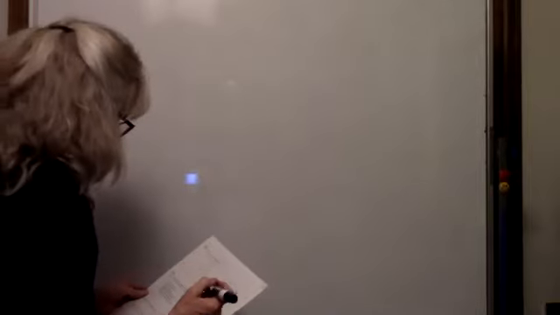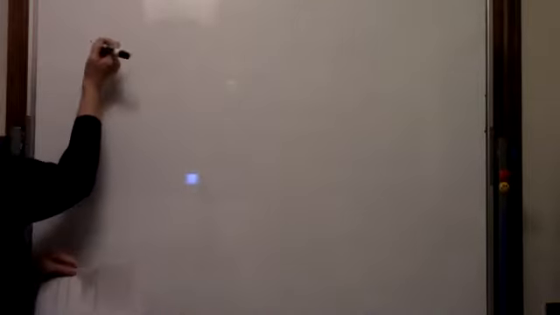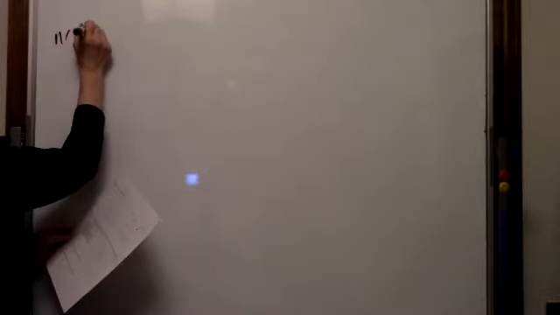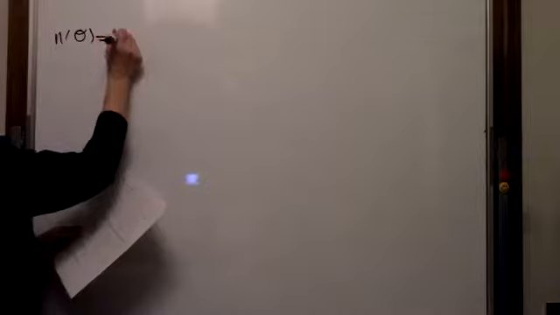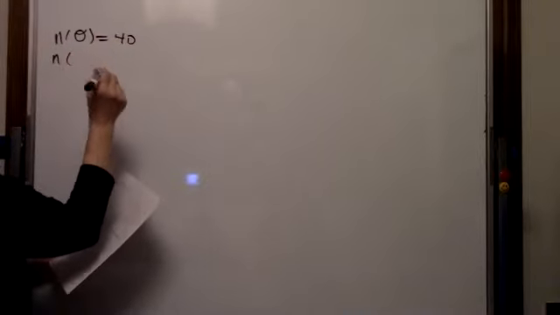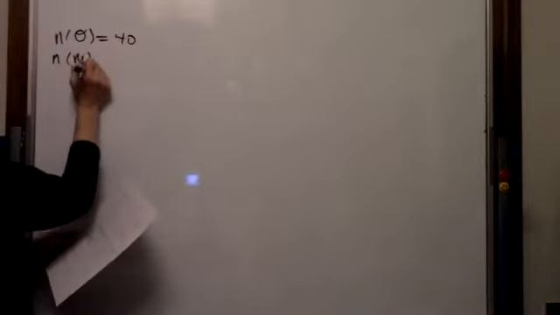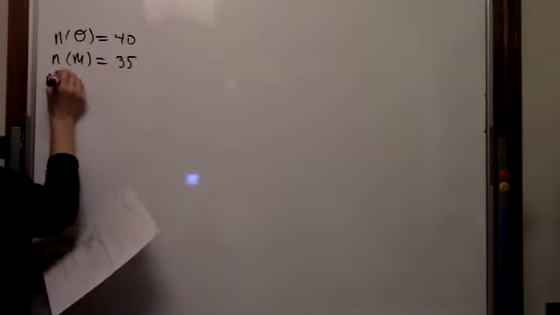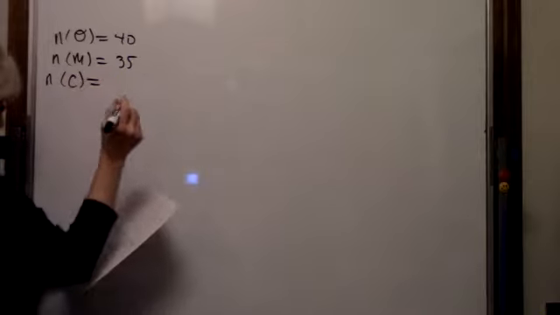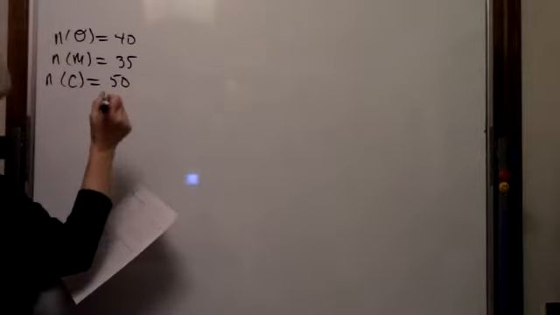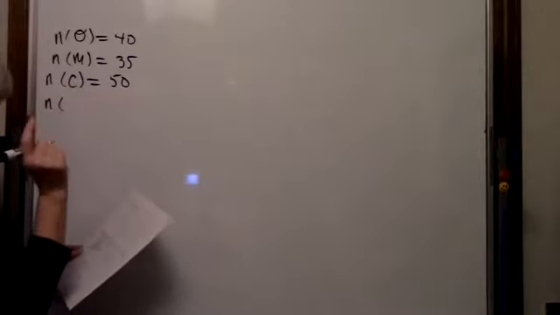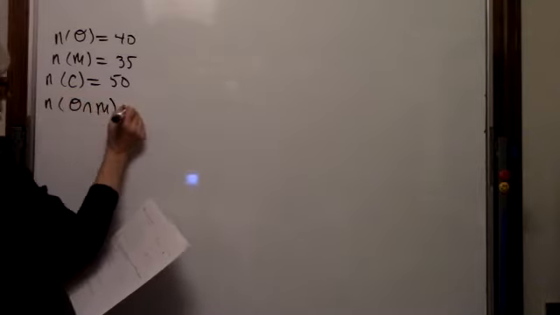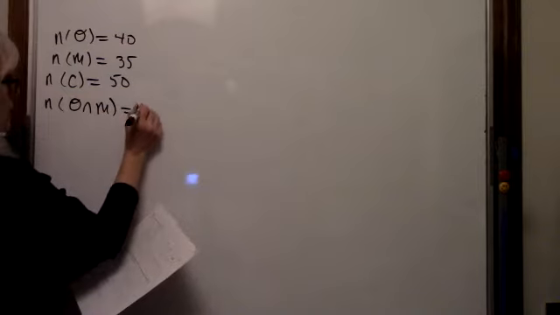So let's use O, M, and C, and I'll use a scripty O. So we know the number that had onions is equal to 40. We know the number that had mustard, so we'll use M for mustard, was equal to 35. And finally, the number that had ketchup is equal to 50. We know the number that had onions and mustard, so onions intersect mustard is equal to 15.